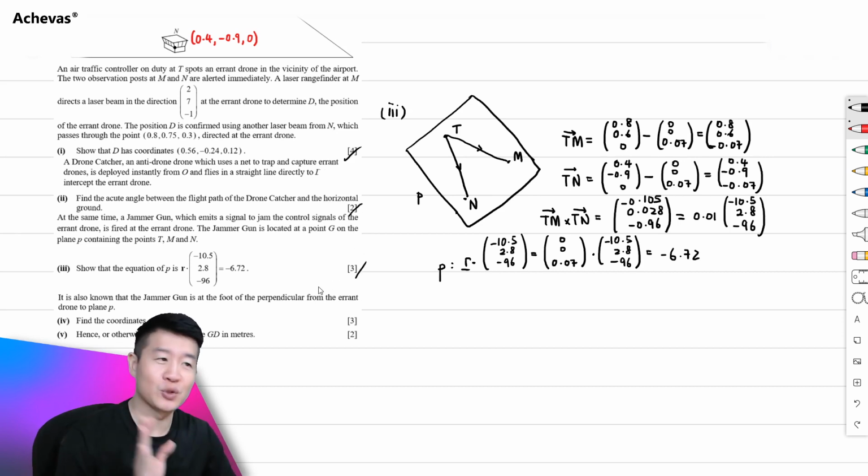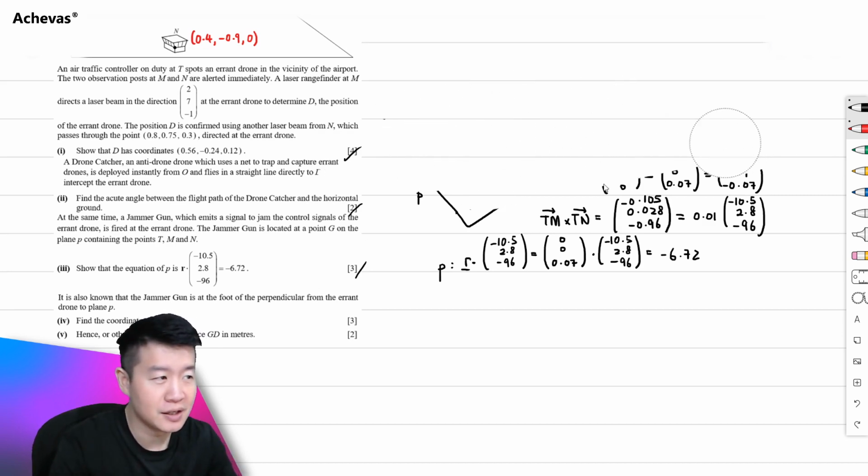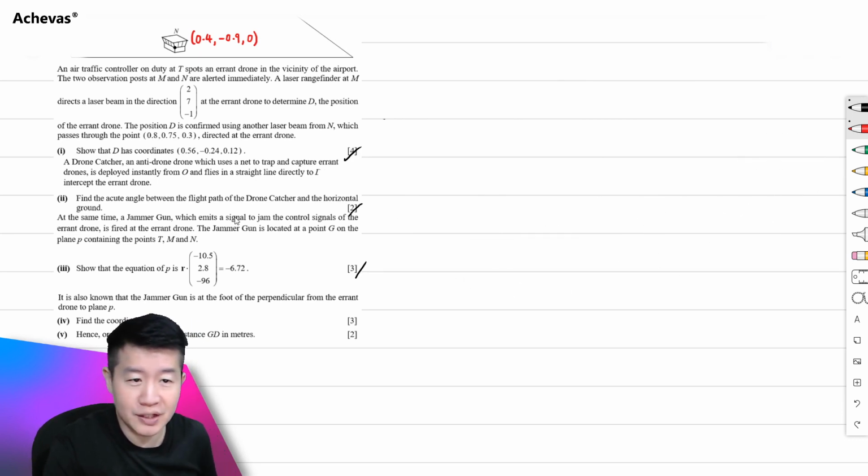The last two parts are also very simple. They are basic questions because now we have this point G, which is the jammer gun, and the jammer gun is supposed to be at the foot of the perpendicular from the drone to the plane.